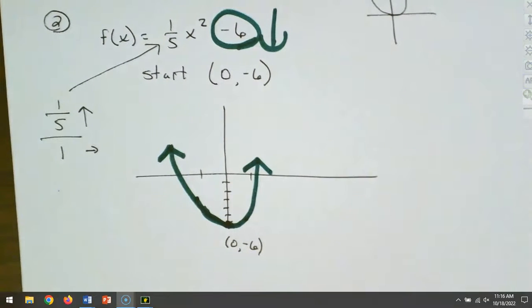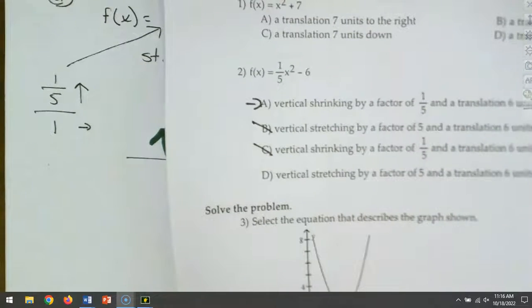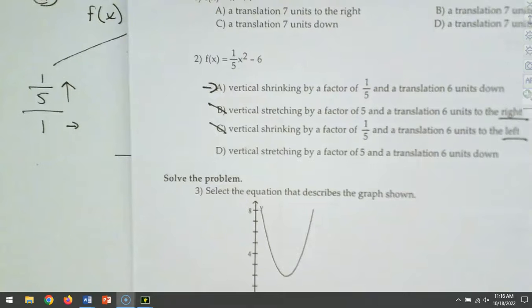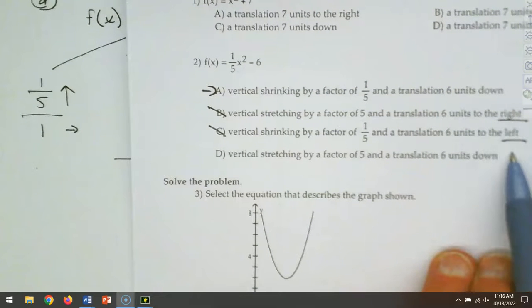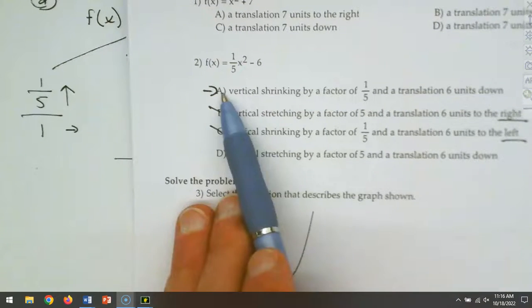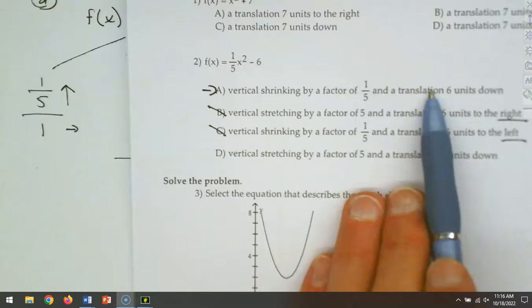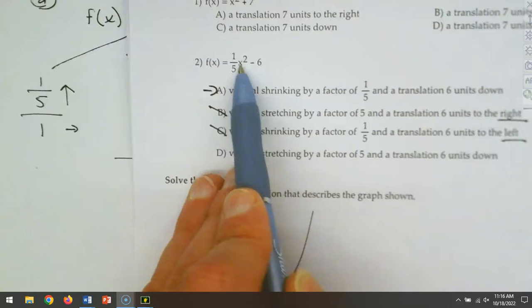Now, let's look at our choices. Why can I eliminate B and C? Because that one's moving to the right, and that one's moving to the left. What are we doing to my graph now? Yep, we're moving it down. So that means it's either A or D. Now, what's in front of my x squared? 1/5, right?